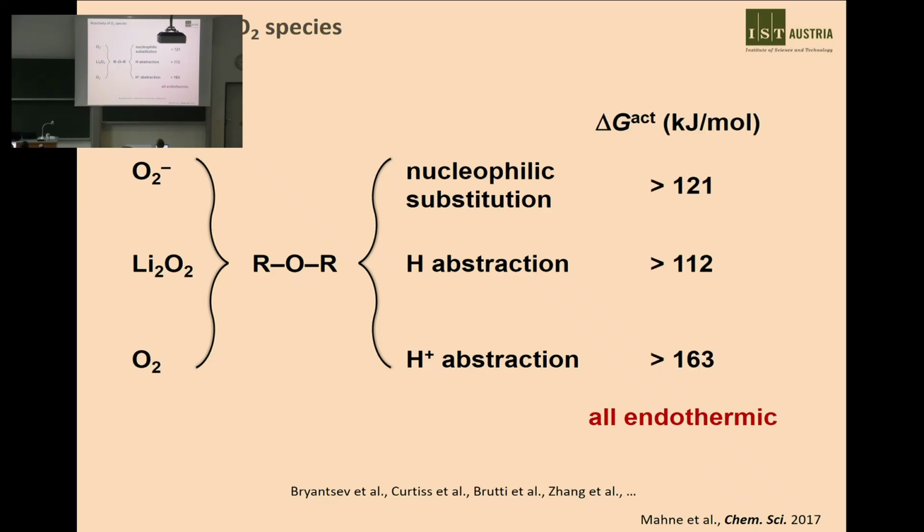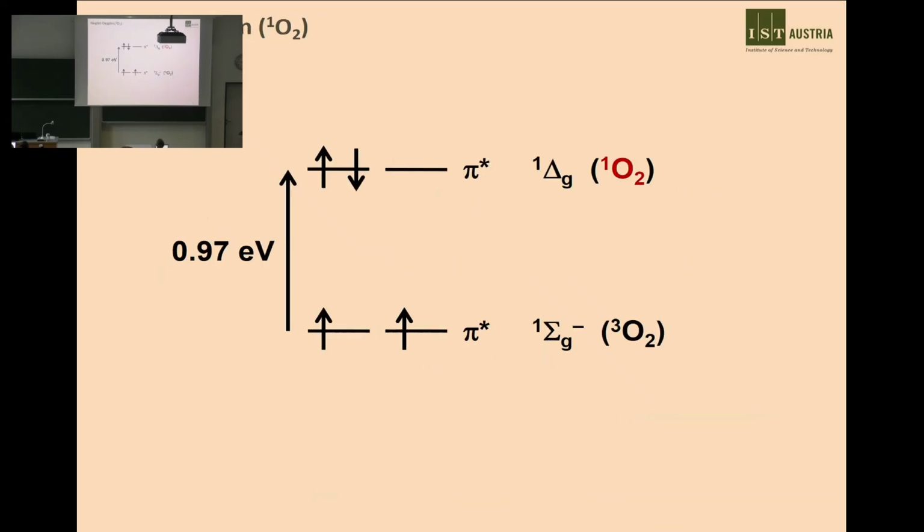And what they always found were prohibitively high activation energies, and everything is endothermic. And so I thought it must be a different reactive species, which could be singlet oxygen, which is the first excited state of molecular oxygen. And why this hasn't been looked at before, it's simply experimentally difficult to analyze in this type of system.